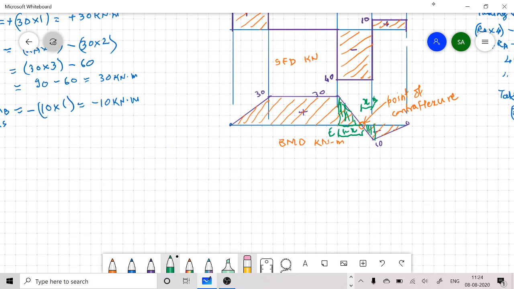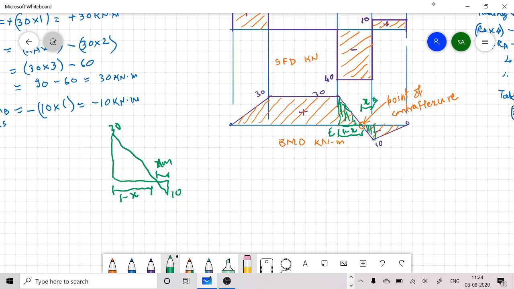So here I will draw the separate diagram for this. This is 1 meter. This is 10. This is 30. This is x. X meter we are assuming. This is 1 minus x.